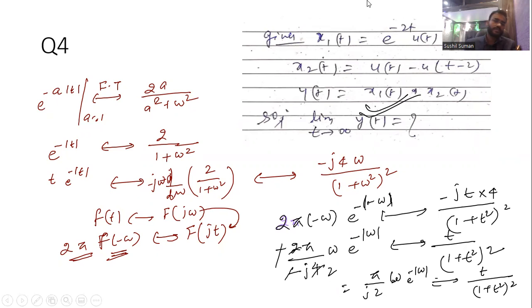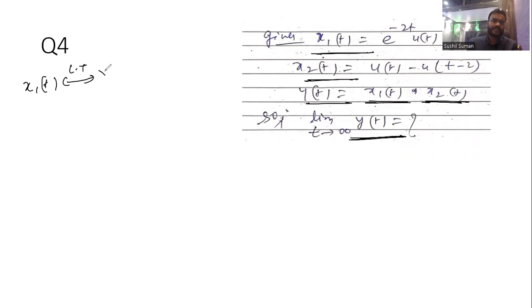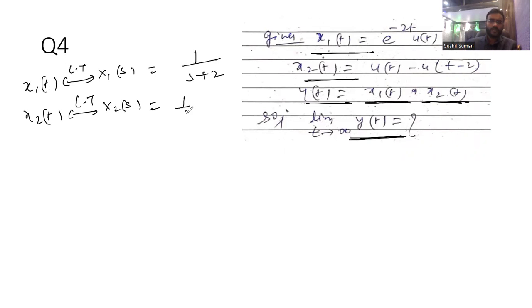Just take the screenshot. Now next question: you have given x1(t) and x2(t), and y(t) is defined as x1(t) convolved with x2(t). Then what is the limit of y(t) as t tends to infinity? Just take the Laplace transform. x1(t) has the Laplace transform X1(s), which is 1 upon s plus 2. x2(t) has the Laplace transform X2(s), which is (1 minus e raised to power minus 2s) by s.